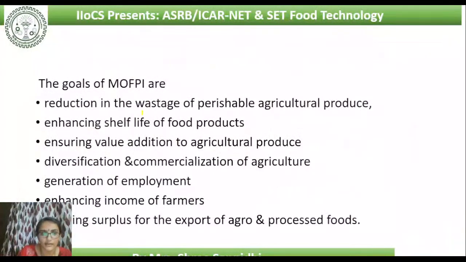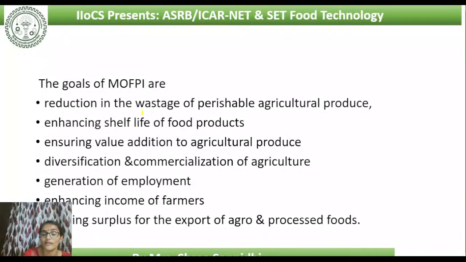The main goals of the Ministry of Food Processing Industries are, first, the reduction in the wastage of perishable agricultural produce. This is what we studied in the need of food science and technology. So this is the first goal of MOFPI. Then enhancing shelf life of food products, ensuring value addition to agricultural produce.